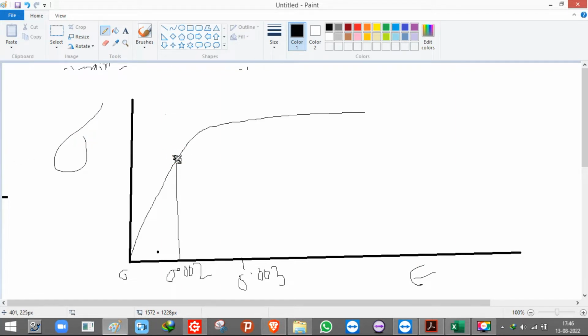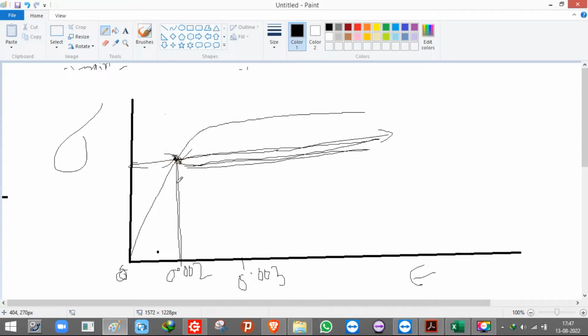So this point is the elastic point. Up to the strain 0.002, the strain is elastic strain, and after this point inelastic strain starts. So this portion is elastic, and this portion that I am marking is inelastic.